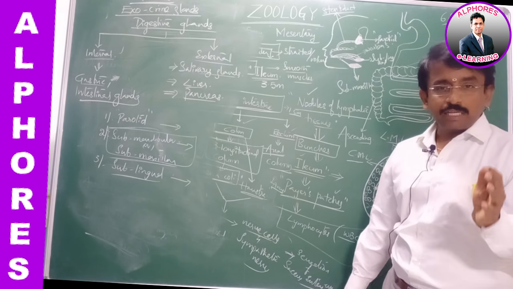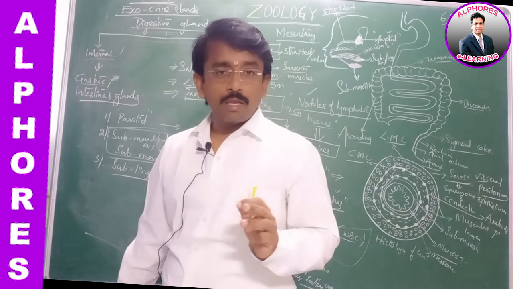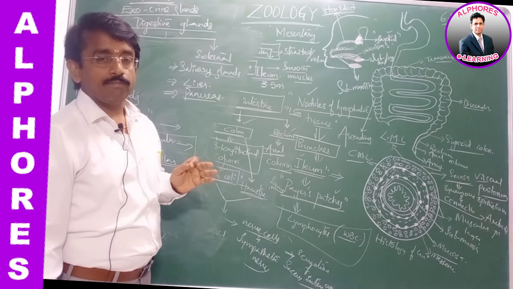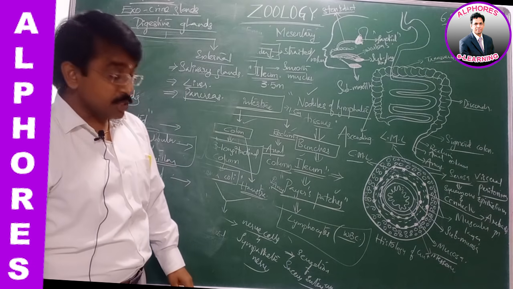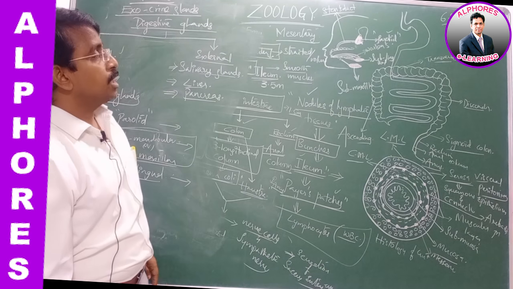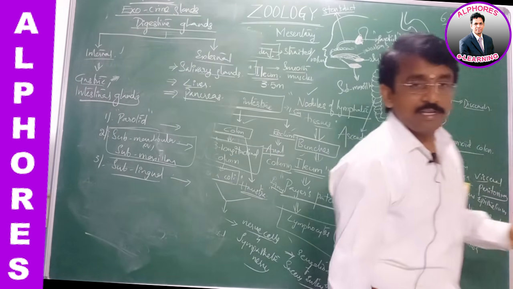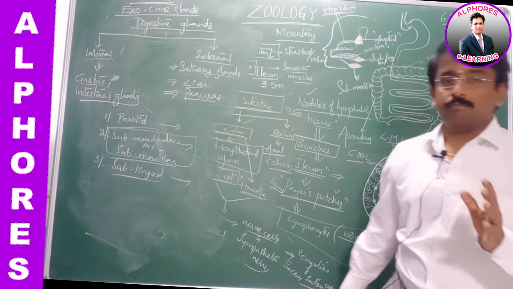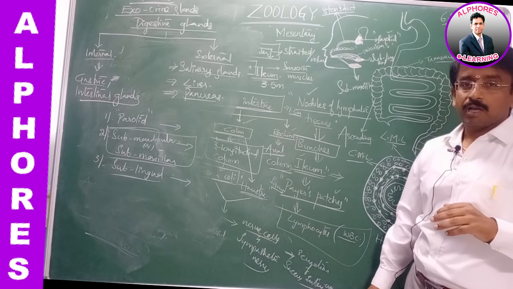Besides that, the salts, name it to be sodium, potassium, or the other salts are also present. Water and mucus are also present. Besides that, thiocyanate is also present, and an antibacterial enzyme, lysozyme, is also present.